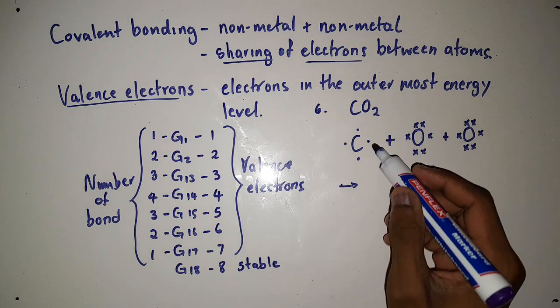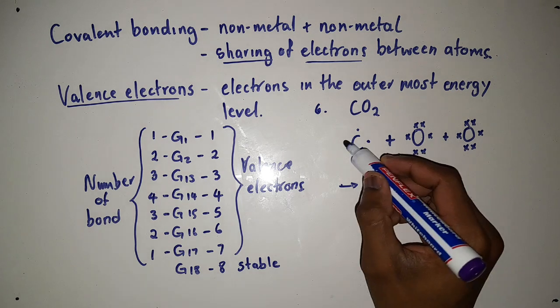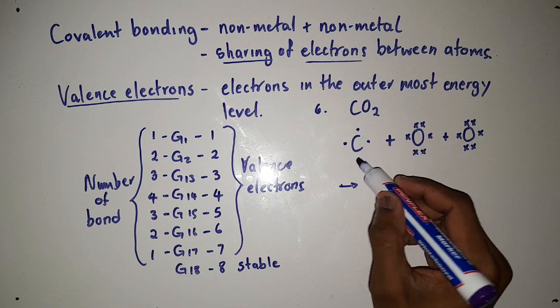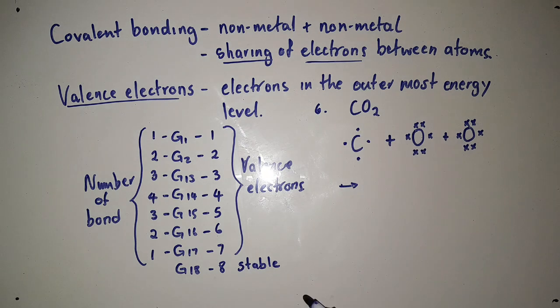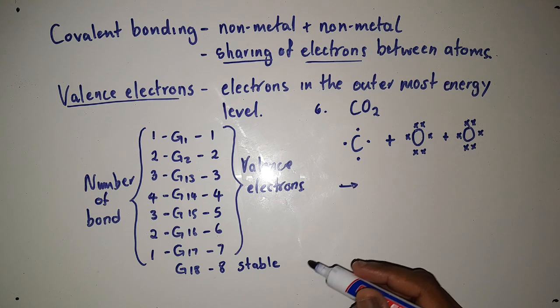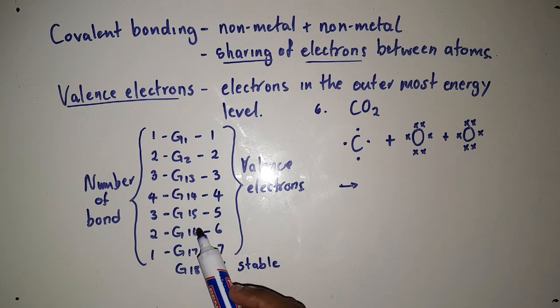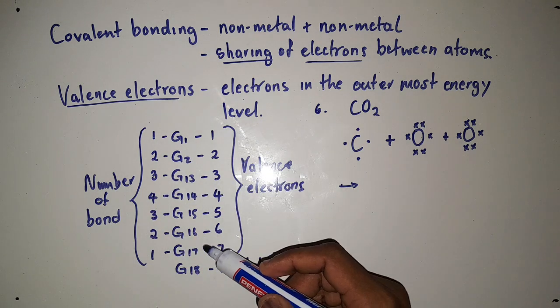Now we want to know which element is going to be situated in the middle. You see, it is so simple. The one with the most number of bonds is going to be situated in the middle. Like now in this case, let me just say a table.